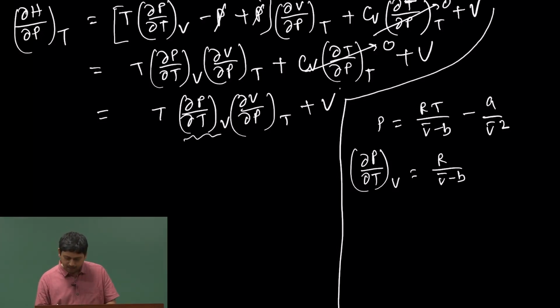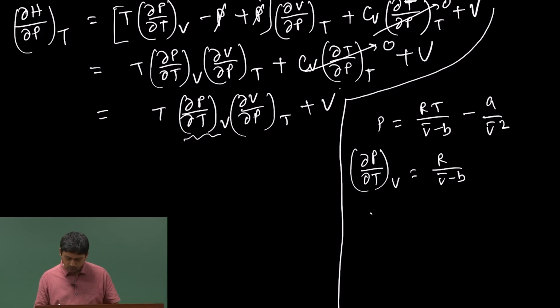Now, del V del P will not be so easy. So, if I want to do del V del P, how do I write it? We have to take the derivative of V with respect to P. We can take P with V and then invert it.